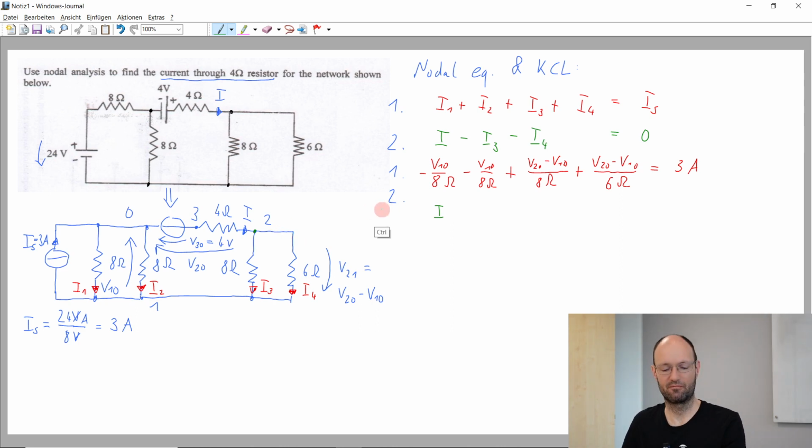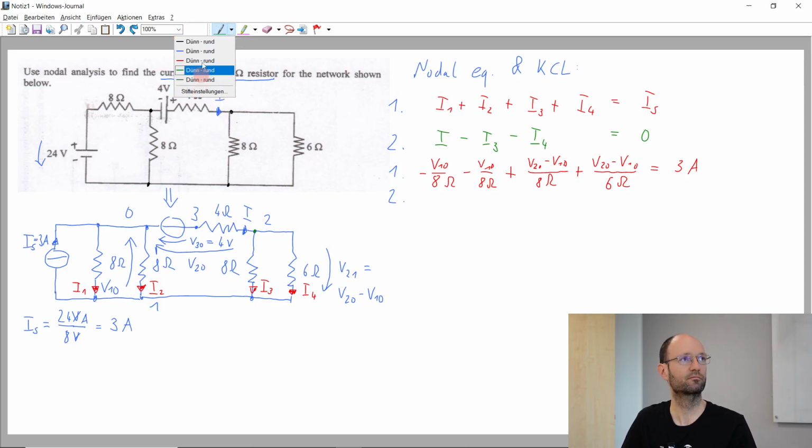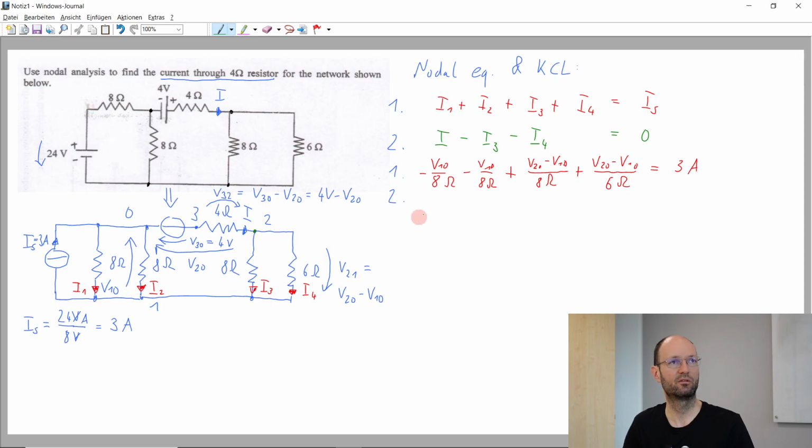For this current we need the voltage drop across this resistor here, because otherwise we have too many unknowns in our circuit equation, and this voltage here would be V32, and V32 is the same as V31 minus V21, and V31 is 4 volts, so it's 4 volt minus V20. Okay, so this is what we can insert into our equation.